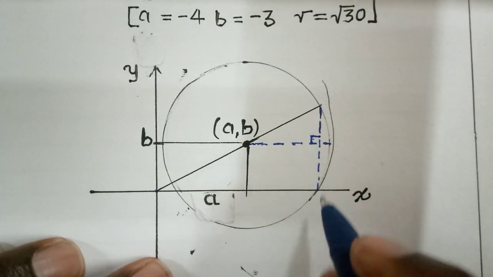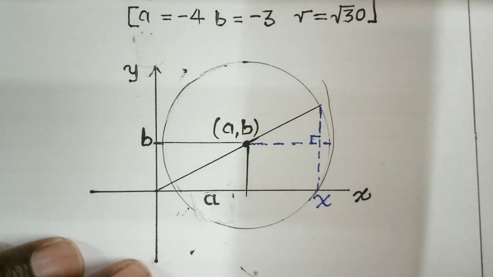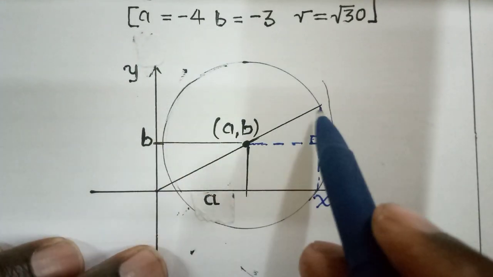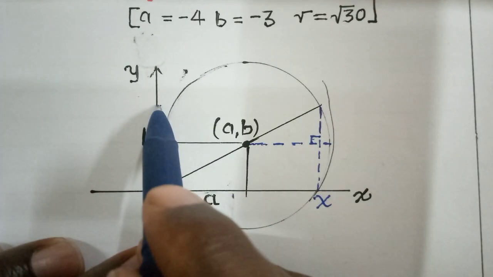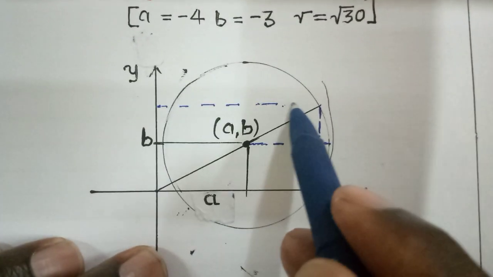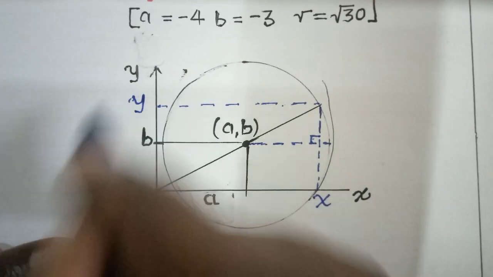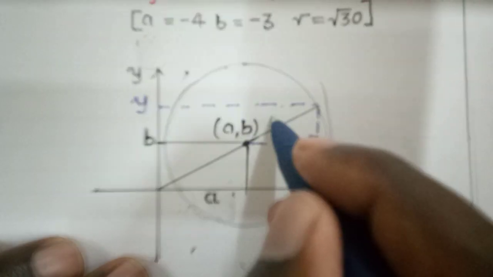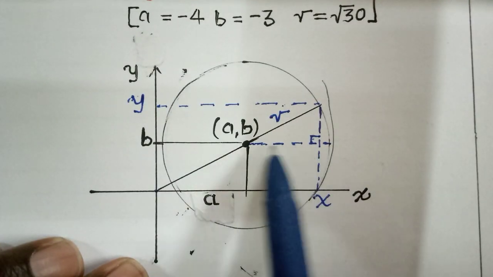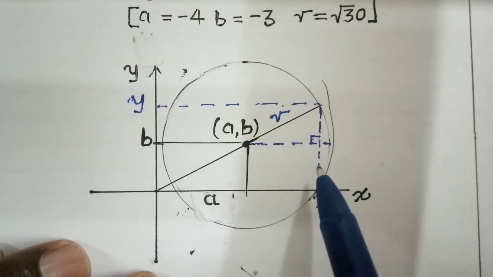Let's say at this point we have point x, and at this other point, let's call this point y. When we want to find this radius, we shall just find this distance and this distance, and then use what we call Pythagoras theorem.